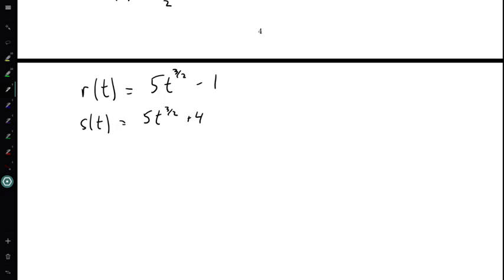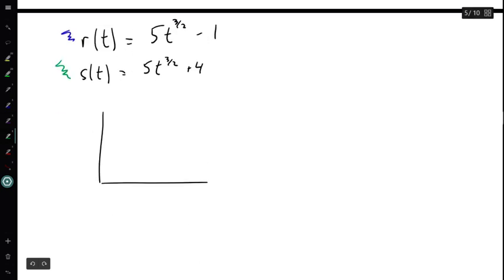So if we think about their graphs on any interval, but specifically the interval that we care about from 1 to 4, so maybe let's make r of t blue and s of t green. R of t is going to look something like this, and s of t is going to be a vertical translate of that shifted up 5 units.